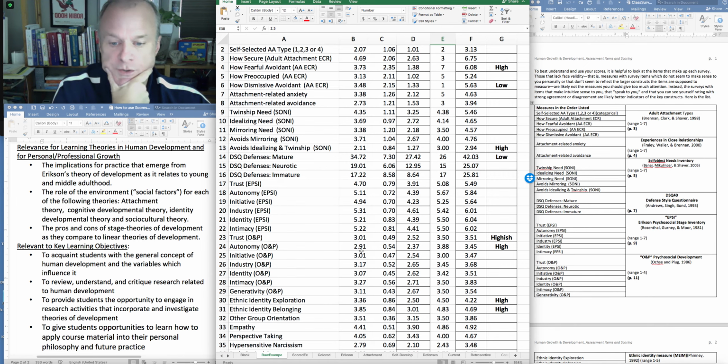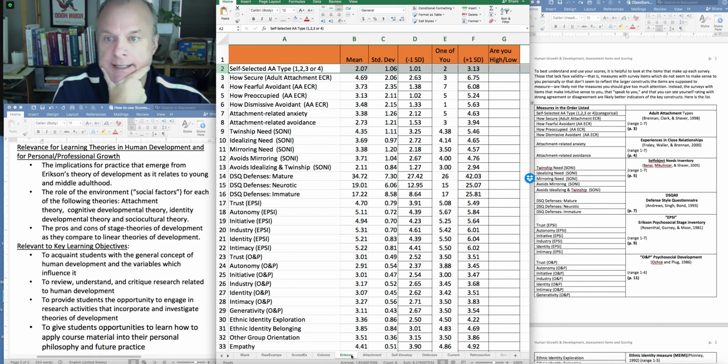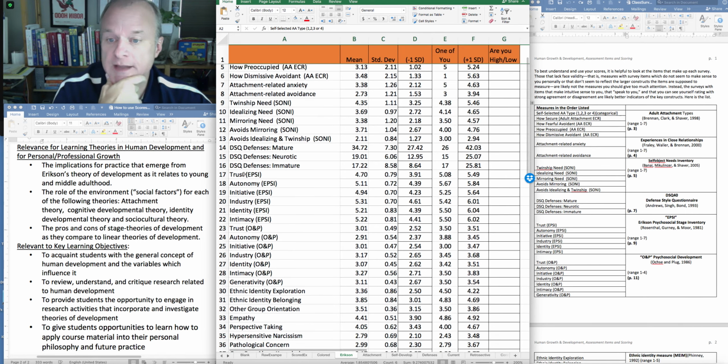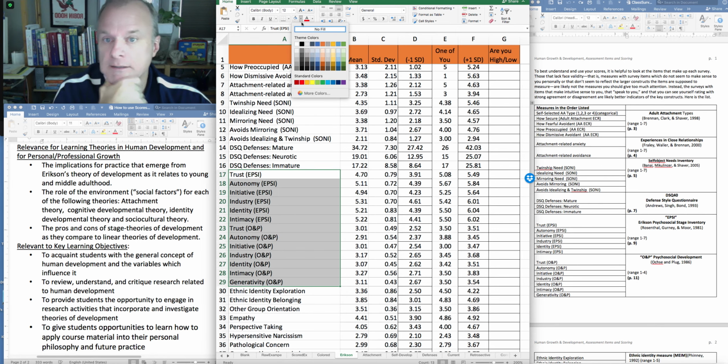So what I want to do now is come over here and tell you which ones are the Erickson scales, just so you know, and then I'll make this scale available to you, and you can go find this stuff if you for some reason get confused. So the Erickson scales are these two groups, and I'm just going to color them light green.